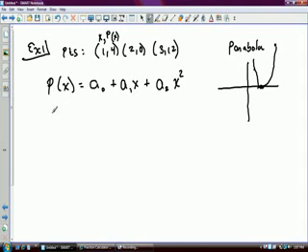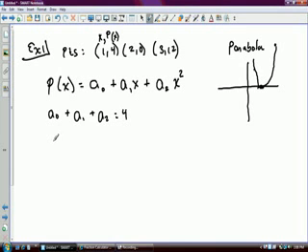So the first equation I'm going to get is a0 plus 1 times a1, which is a1, plus 1 squared, which is also 1, so a2, equals the p of that x, which is 4.